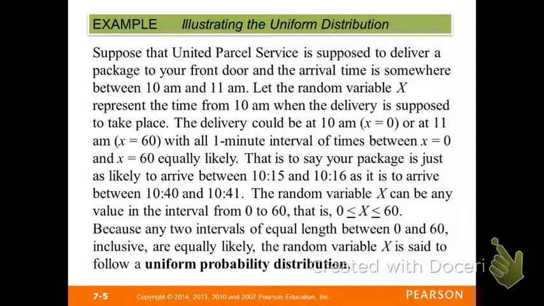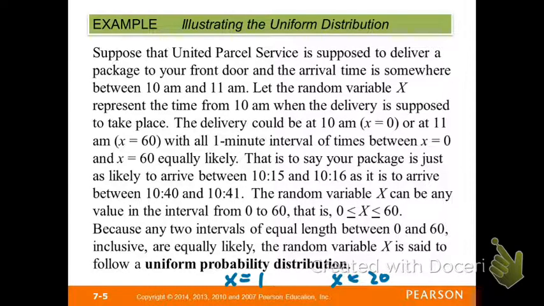Okay, so this is just an illustration of what a uniform probability distribution is. A package is as likely to arrive at x equals 1, which would be between 10 and 10:01, and x equals 20, which would be between 10:20 and 10:21.